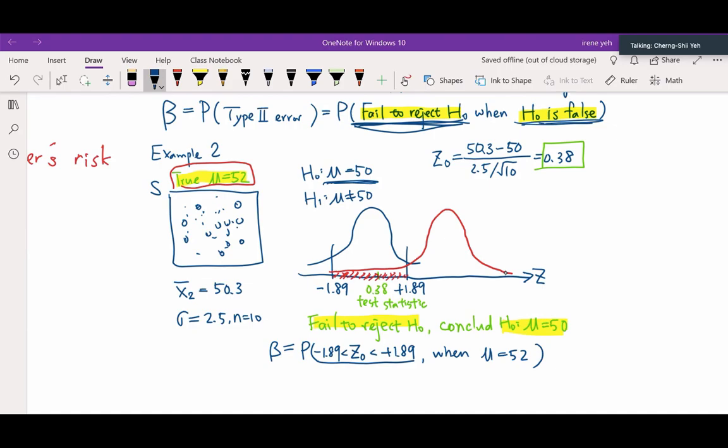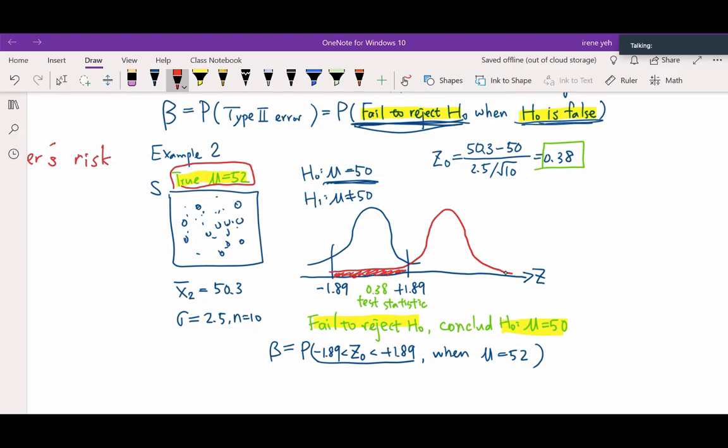So what are we deriving over here? We're actually deriving this probability. I want to highlight the area. So our beta is this highlighted area in red here. Everything here comes from the true population, the red population.